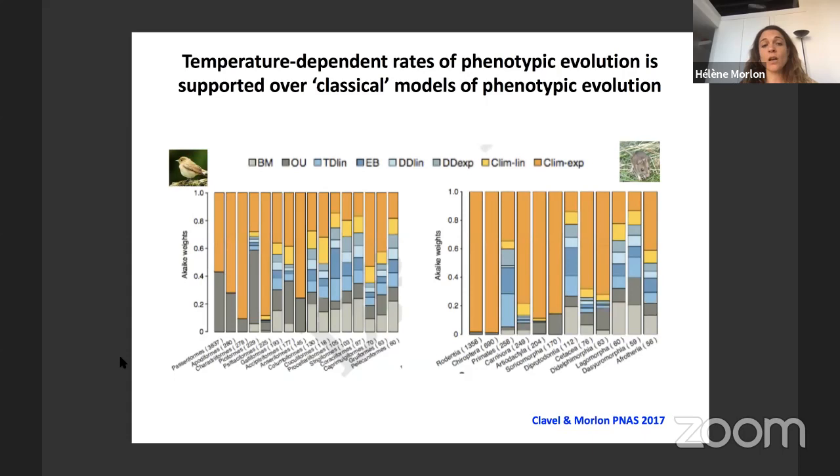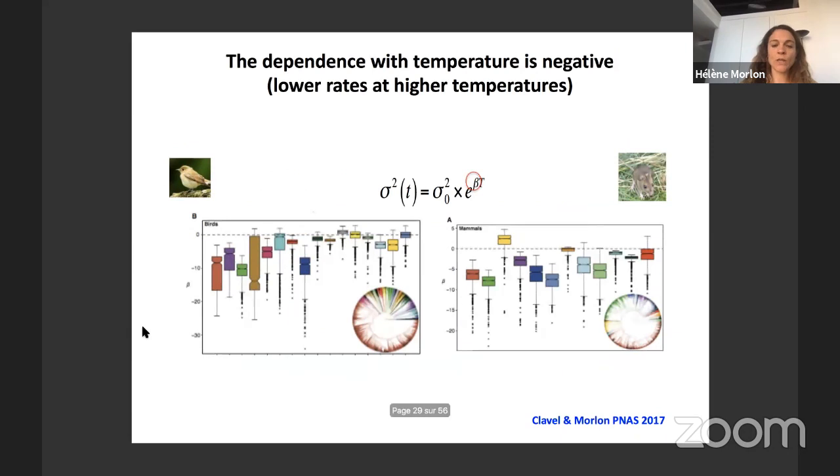Here are the results. What we find is pretty overwhelming support across different bird and mammal families for models where there is dependency of the rate of trait evolution on temperature. And when we look at the sign of the dependency, which can be looked at by the estimation of a parameter that controls the dependency of the rate on past climate, there is a general tendency for this parameter to be negative, and again pretty consistent across groups.